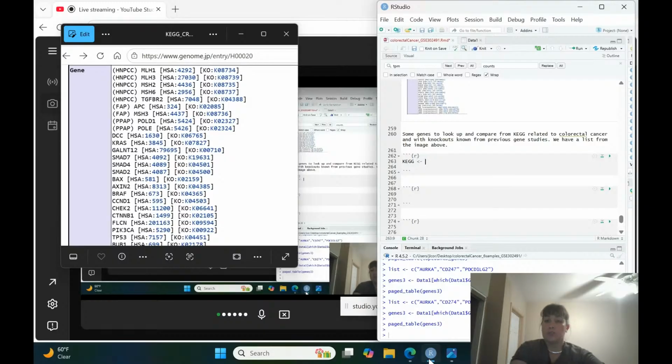This is a colorectal study analysis again. It's a character vector. MLH1. That's also my older sister's initials. No coincidence.